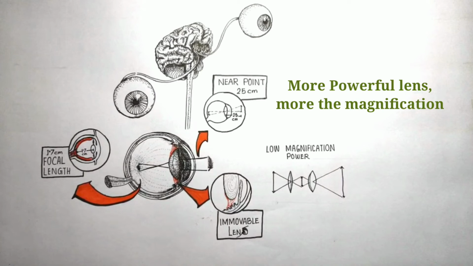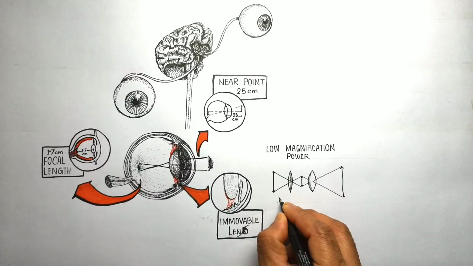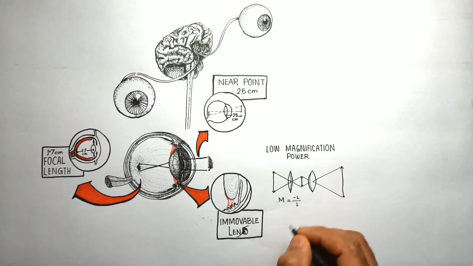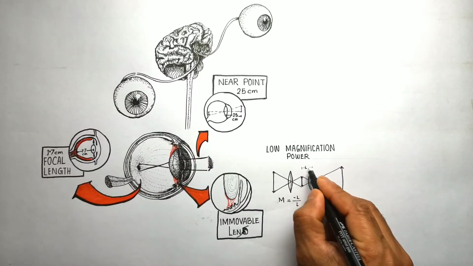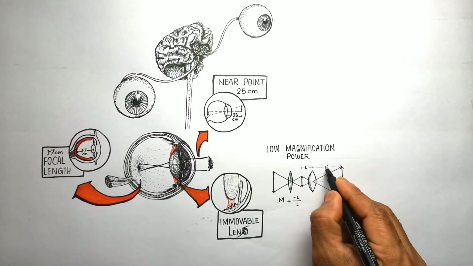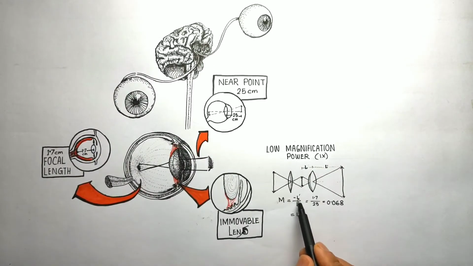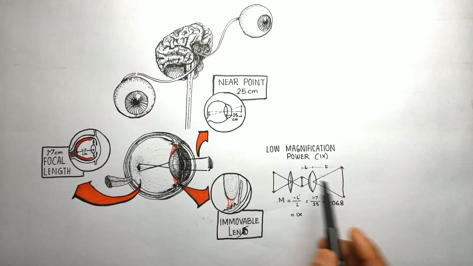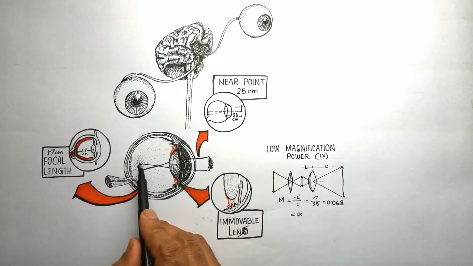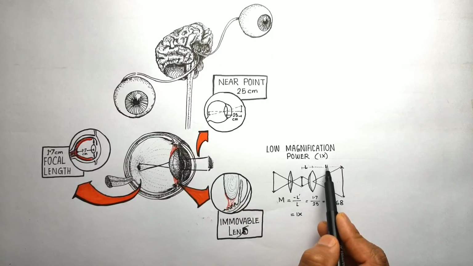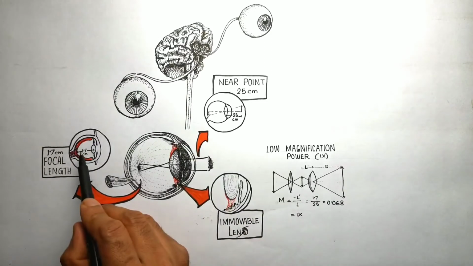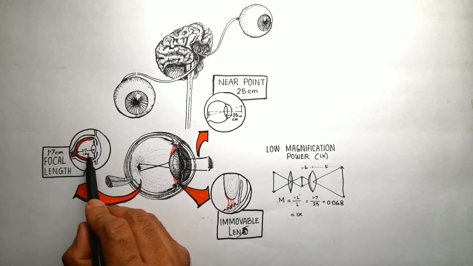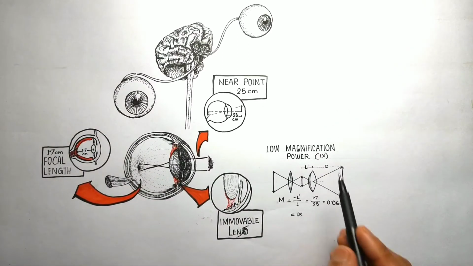A more powerful lens will have more magnification. Magnification is given by the equation m = -L'/L, where L' is the distance from the lens to the image. In the case of human beings, it is the distance from our lens to the retina, and it always remains the same, a little over 1.7 centimeter.